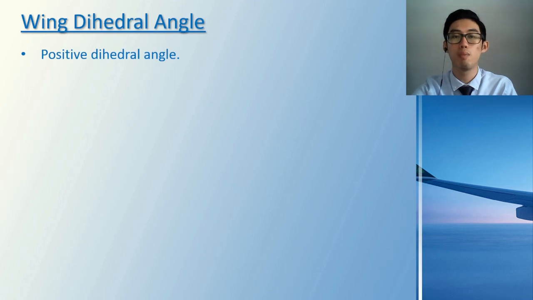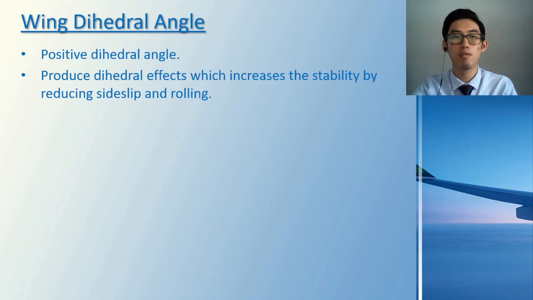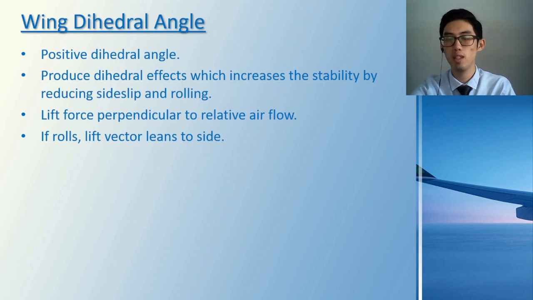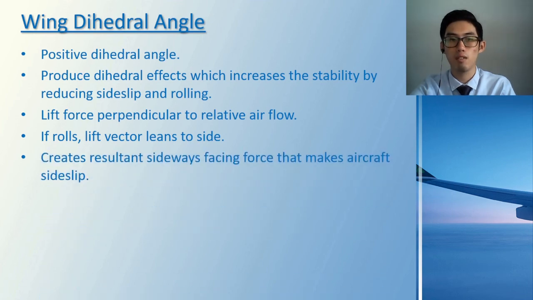For an aircraft with positive dihedral angle, it is obvious that the aircraft will be more stable than aircraft without dihedral angle. When aircraft is flying, lift force acts perpendicular to the relative airflow. If the aircraft rolls to the side when it is disturbed by a gust of wind, the lift vector tilts to the side with the aircraft. This creates a resultant sideways force that makes the aircraft sideslip in the same direction.